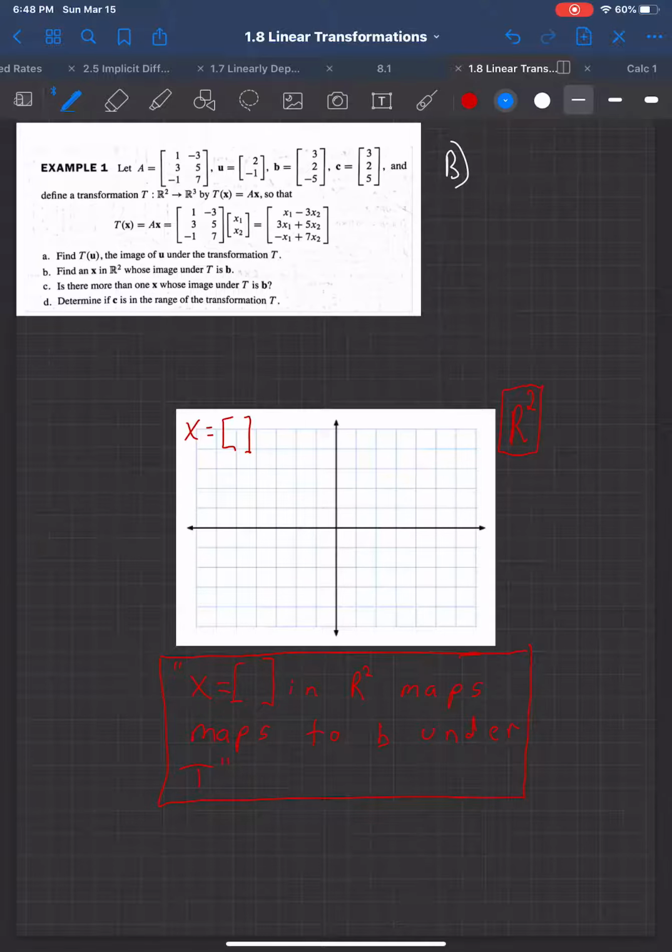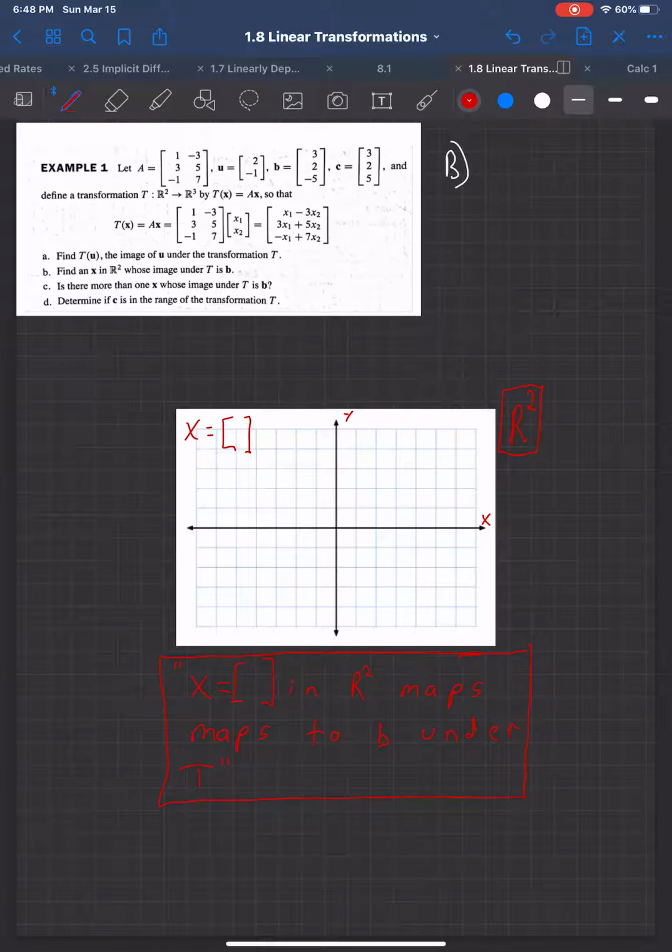Part B. With part B, it asks us to find an x in R2. Looking at my xy coordinate system, if you'd like to think of it as x sub 1, x sub 2, there's some point in there.